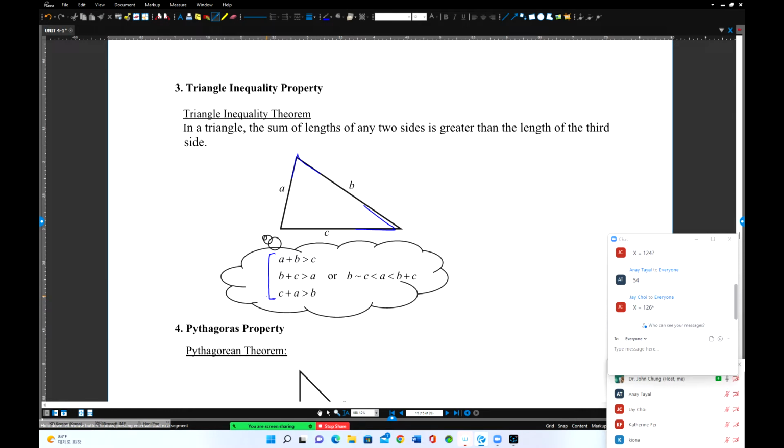There are 3, but we can reduce these equations to one formula.